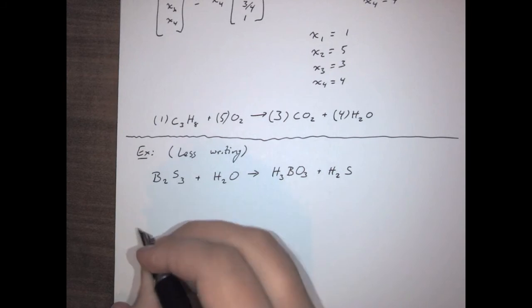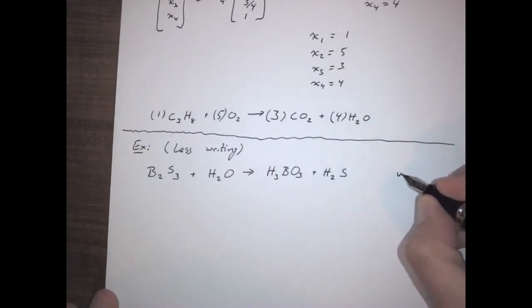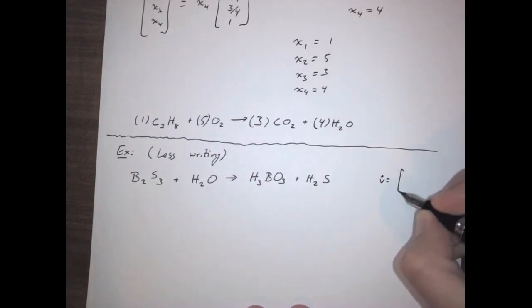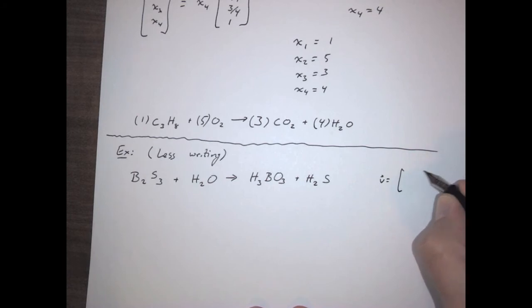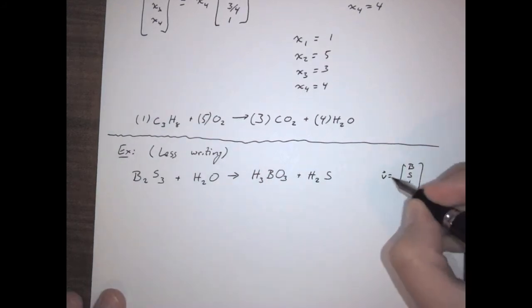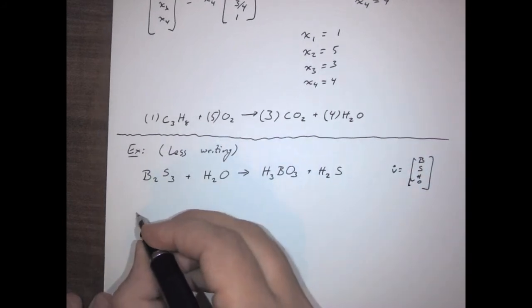Now let's just think about how we want the vectors to go here. We can just do it once again in the order that the elements appear in the chemical equation. So we'll go B, S, H, O. This is kind of an informal way of writing it, but it's fine.